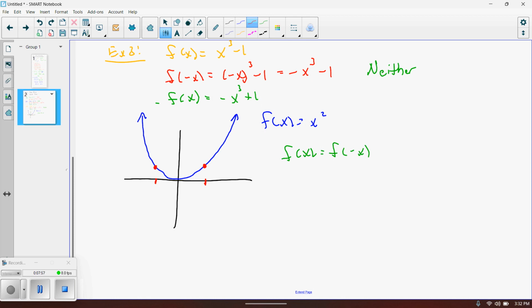So this y value here should be identical. Ultimately, it doesn't matter whether I plug in the positive or the negative x value, it's going to produce the exact same y value. And what that does is it gives you symmetry specific to the y-axis.